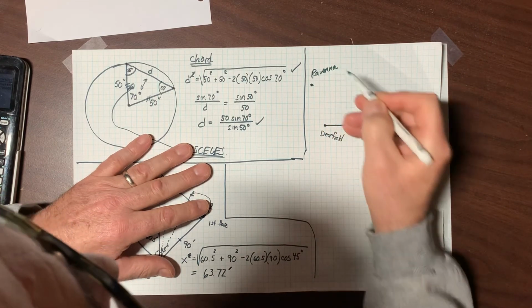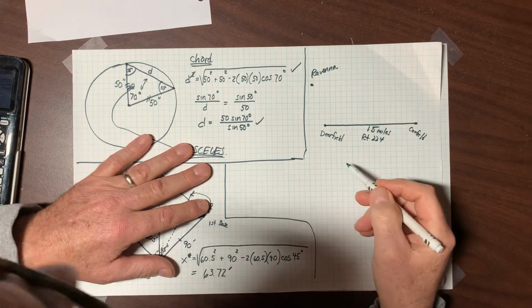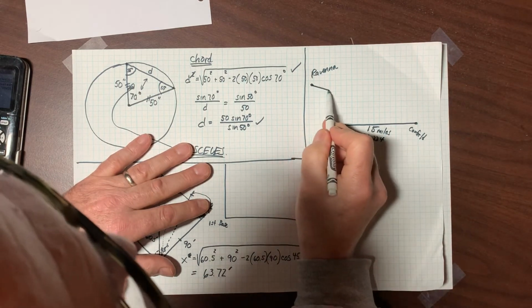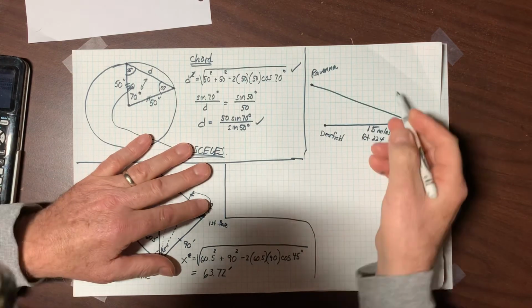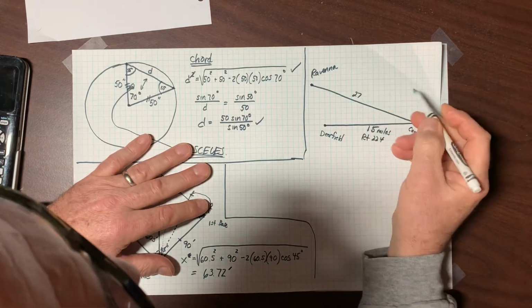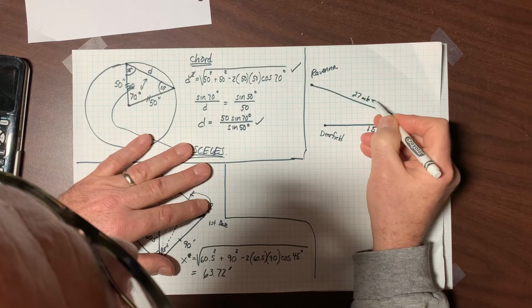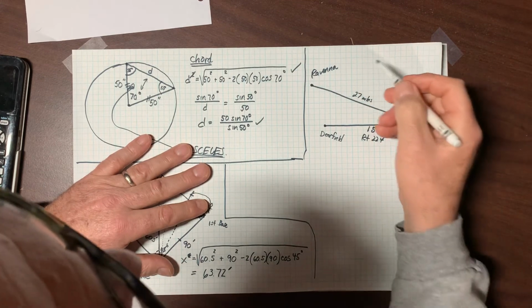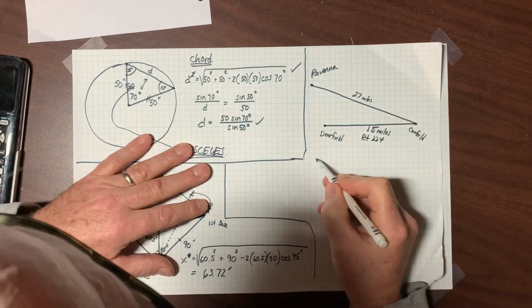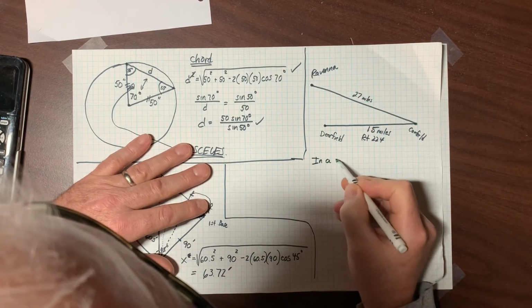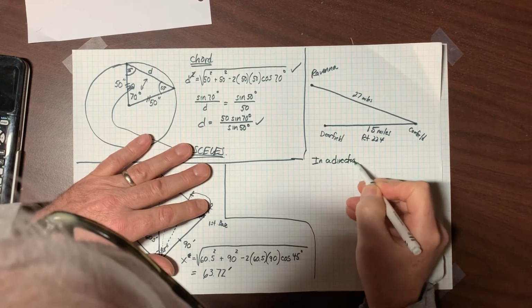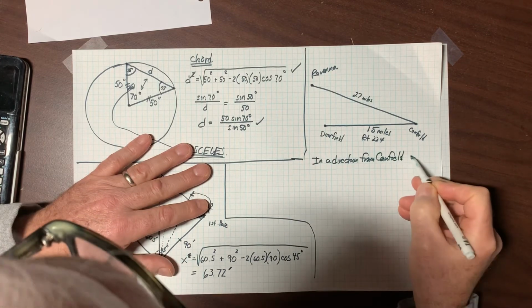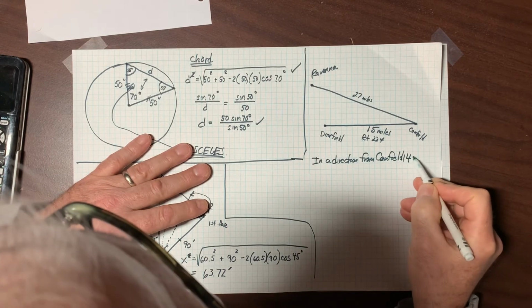I'm sure you've all had reason to go to Ravenna. And Ravenna is 27 miles from Canfield. Right? And Ravenna is in a direction from Canfield of 140 degrees.